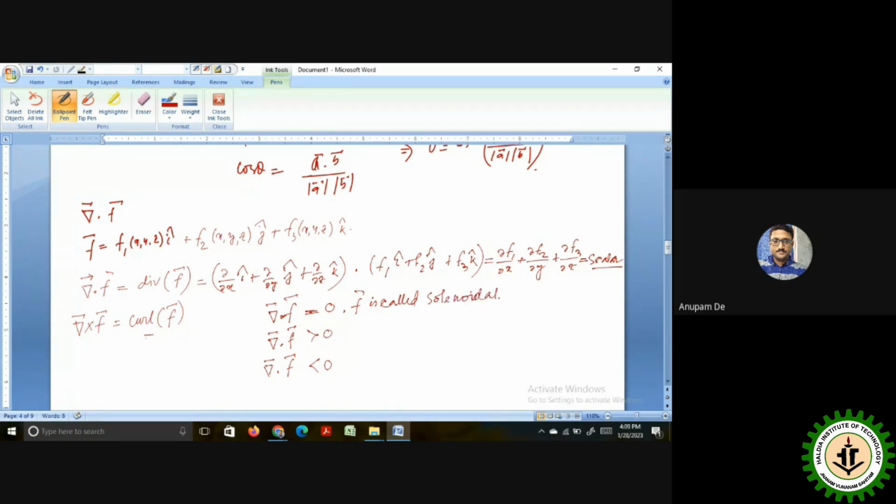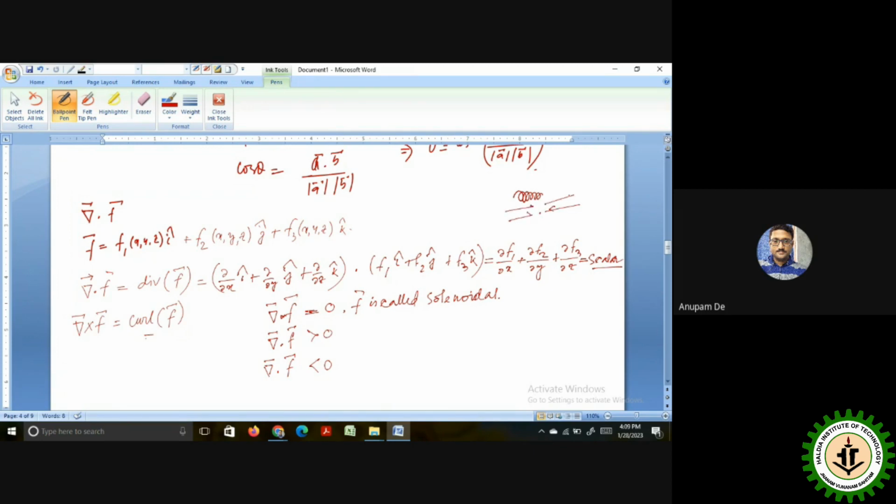Do you know what a solenoid is? A solenoid is a field where the vector field is not going out or coming in.